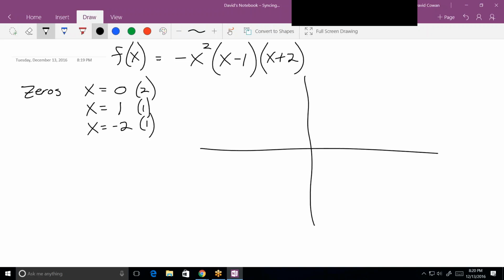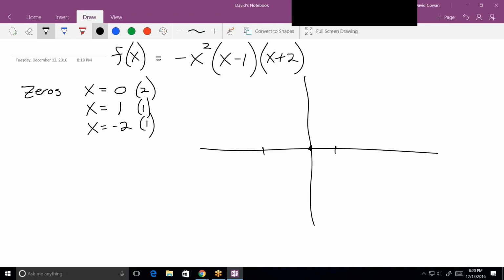Here's my double zero, and I know that the curve is not going to go through the x-axis there. It's going to kiss it. It only goes through the x-axis if it has an odd multiplicity. So at 1, I know it goes through it, and at negative 2, I know it goes through it.